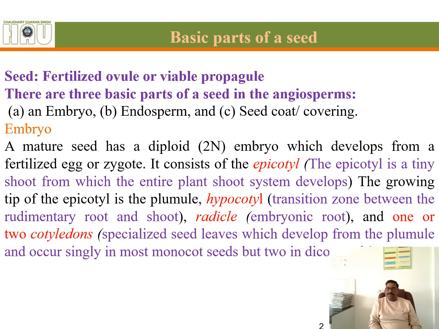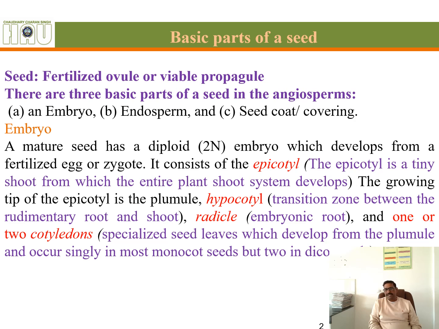The growing tip of that epicotyl is known as plumule, and a hypocotyl. That hypocotyl is a transition zone between the rudimentary root and the shoot. In that part, radicle. Radicle is known as the embryonic root, and one or two cotyledons.